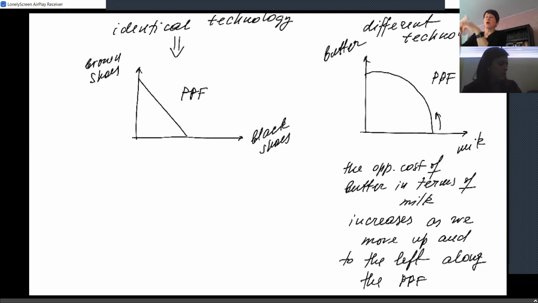I might even ask why, or I could just say, okay, you're dealing with diamond rings and wristwatches. What shape of PPF are you going to draw and why? The answer would be the PPF will be curved because these two are different goods. The only explanation I will ever ask is why the PPF is shaped the way you tell me it is. And the answer is it's either a straight line because goods are identical, or it's a curved line because goods are different. Okay, right?